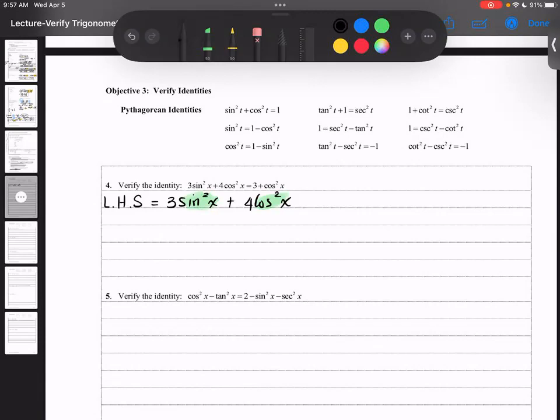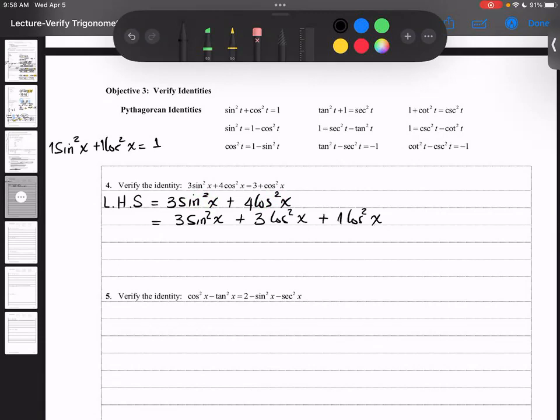You need to make it somehow into the same coefficient. So here I'm going to split the second one. I'm going to split cosine squared theta as 3 cosine squared theta x plus 1 cosine squared theta x.